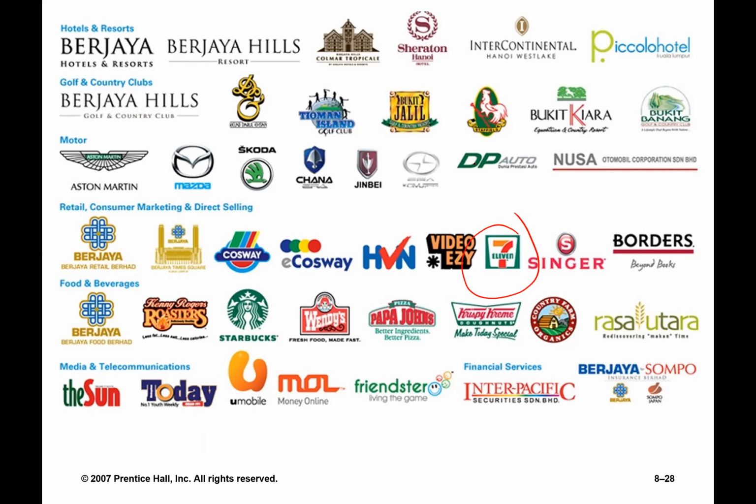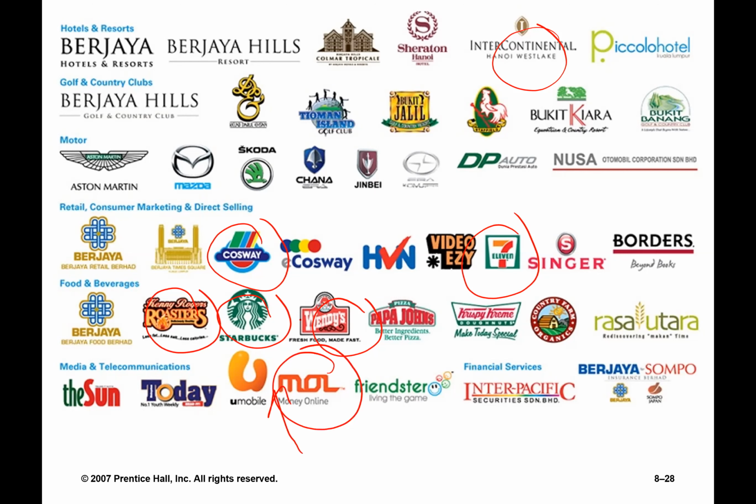Berjaya ventured into property, all kinds of hotels, and then even Causeway, consumer products, and then Starbucks, Kenny Rogers, Wendy's, all kinds of eateries, and then telecommunication, and then money online, what we call monetary services, and then it went into publication, The Sun, and then insurance, Berjaya Sompo, this is the insurance company, and financial services. See, it's completely unrelated diversification as long as the company thinks that they can make money, and why not?